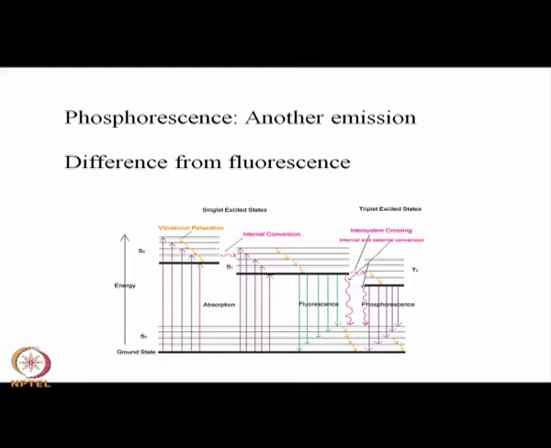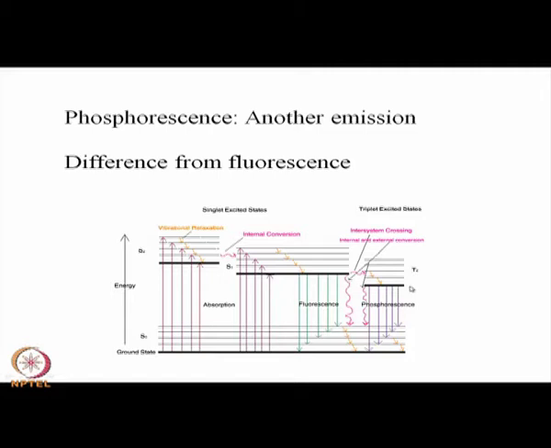So that is the difference. Phosphorescence frequency is lower compared to fluorescence frequency, and phosphorescence is a spin forbidden process. Since this is not a very allowed process, the system will remain here for a longer time, therefore its lifetime will be more.